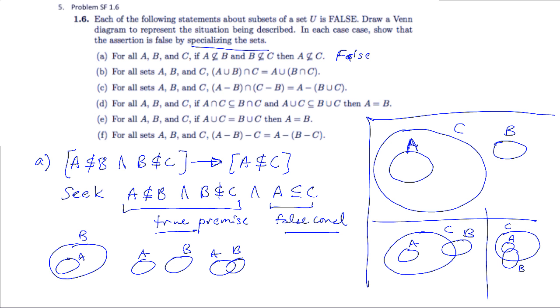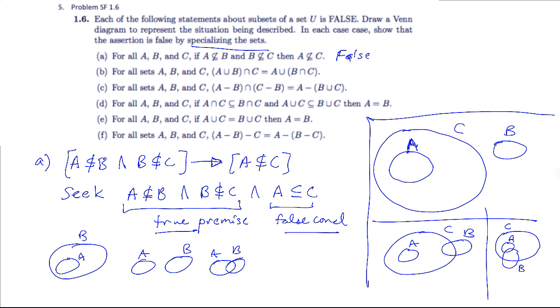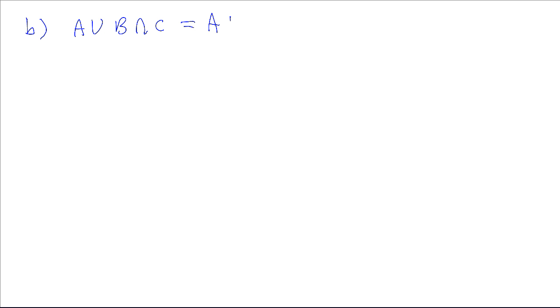Oops. Let me add this one. I'm inserting a page in my video. And I can go to it. Part B: A union B intersect C is equal to A union B intersect C.